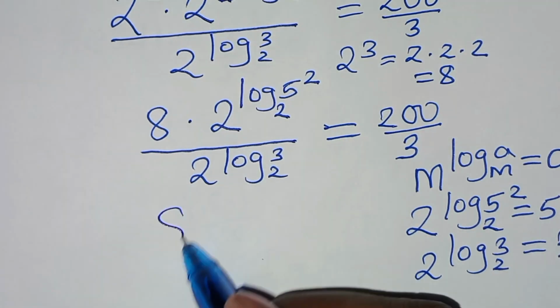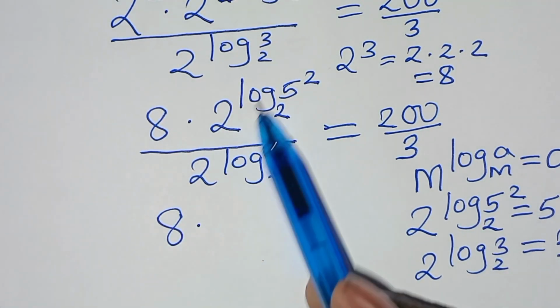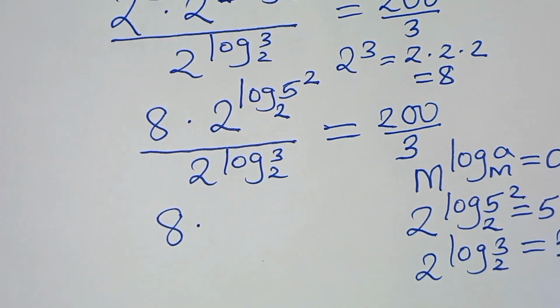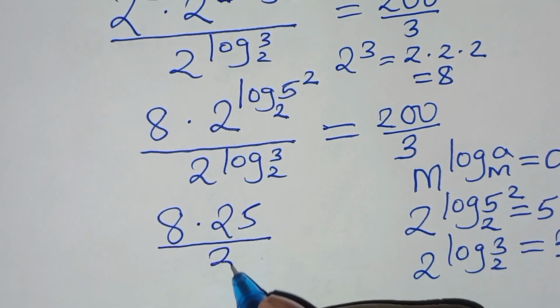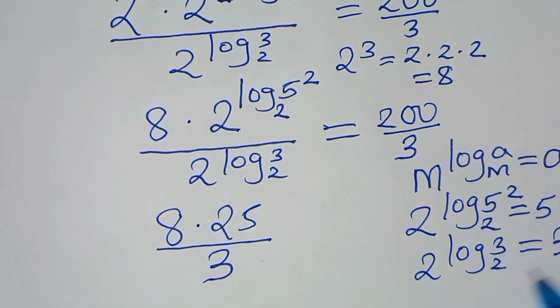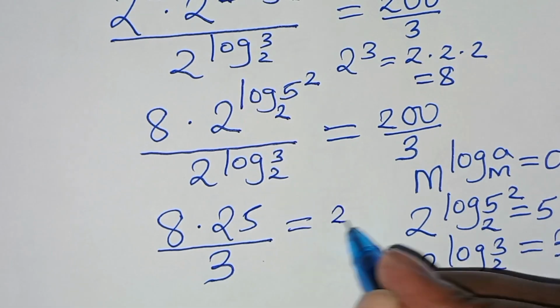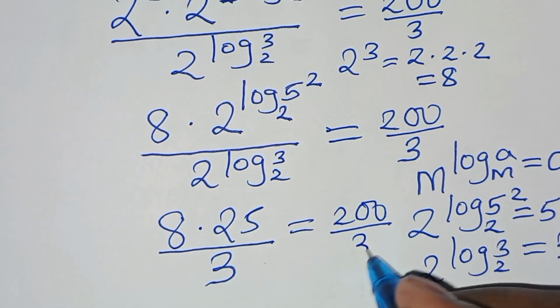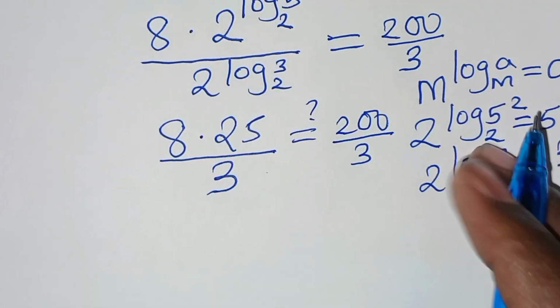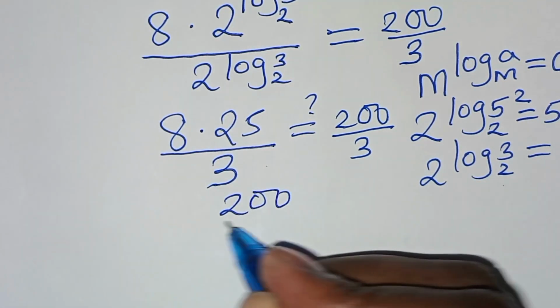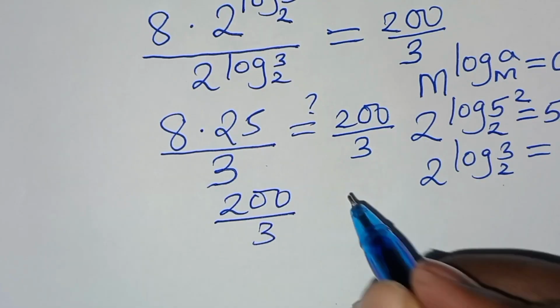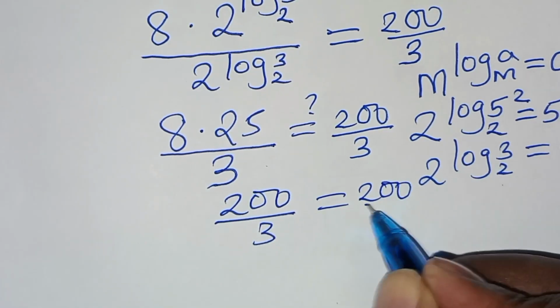We have 8 times 5 squared, which is 25, divided by 3. This should give us a value of 200 over 3. 25 times 8 is 200, divided by 3, which is equal to 200 over 3.